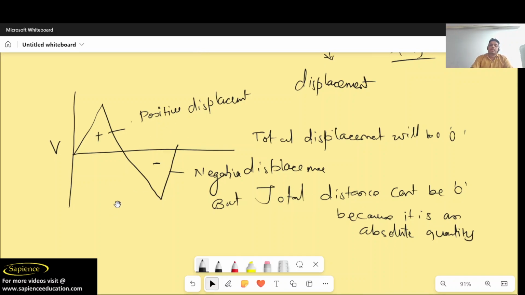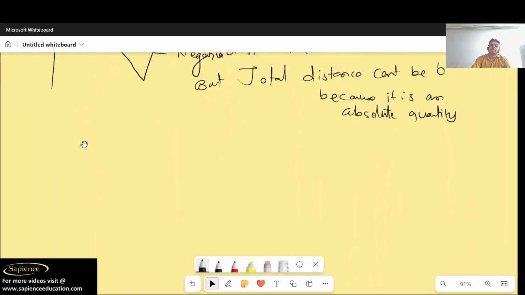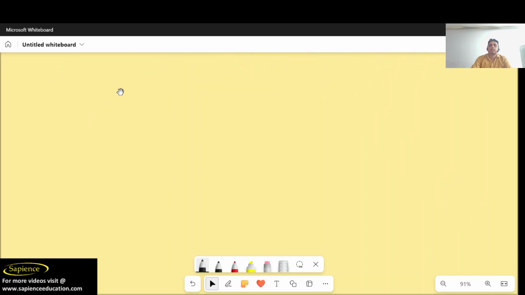Now I will analyze different types of curves of a velocity time graph. See, this is your velocity time graph, and the curve is like this.